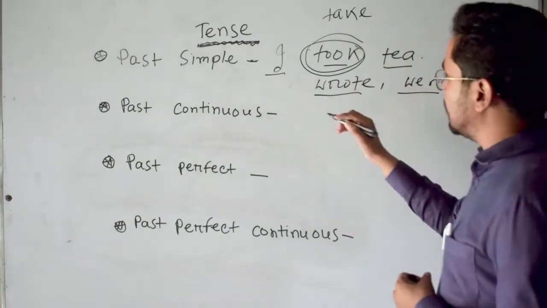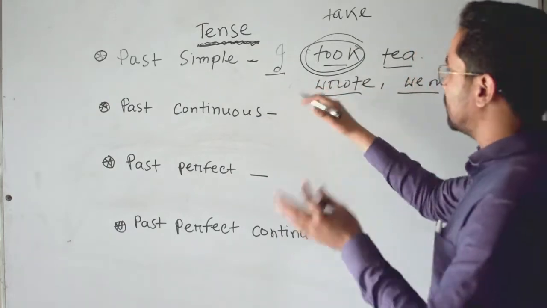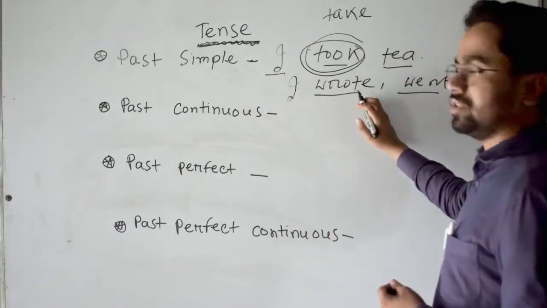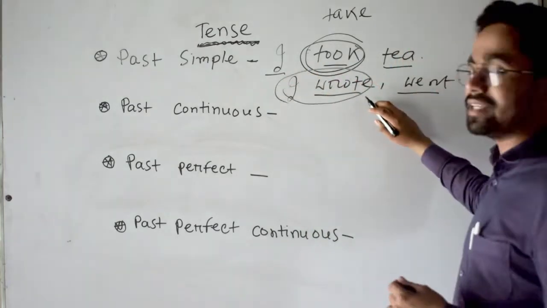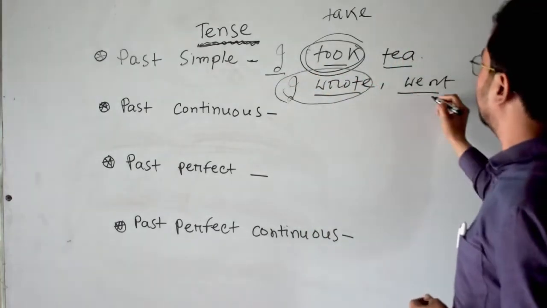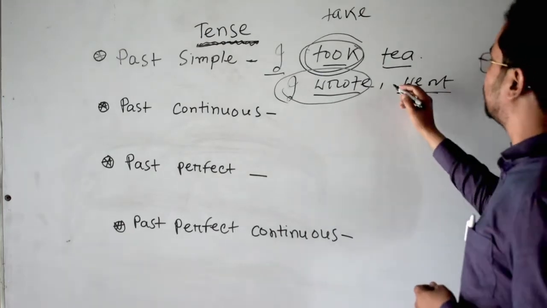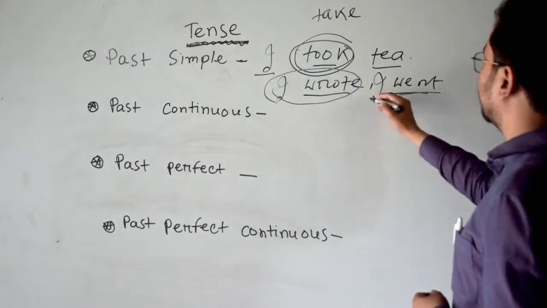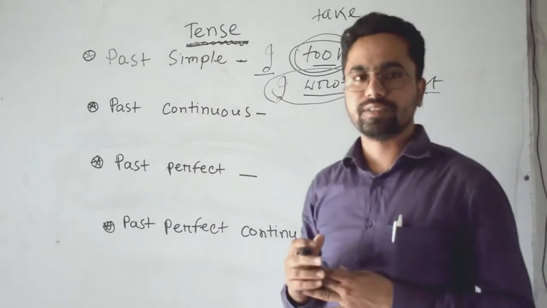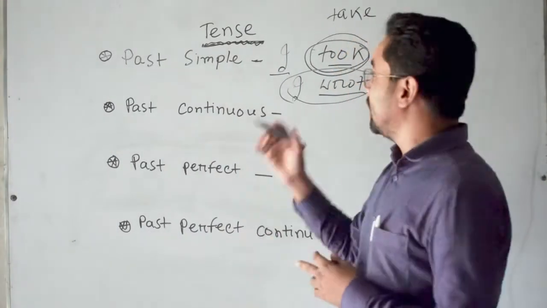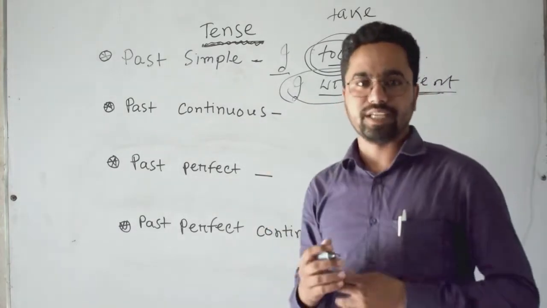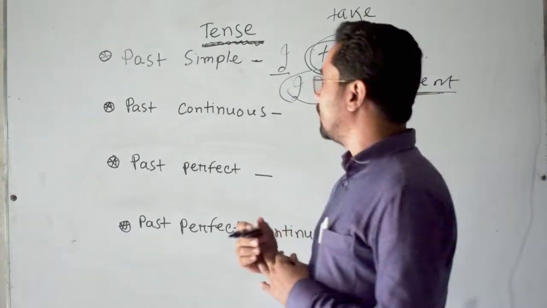If you put a subject before the verbs, I wrote, the two words will make a sentence in past tense. With these verbs also, if you put another subject, they will make a sentence. The basic thing in this tense is using the verb in past form.